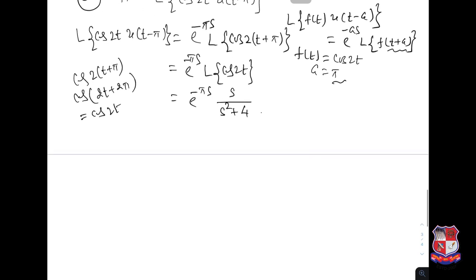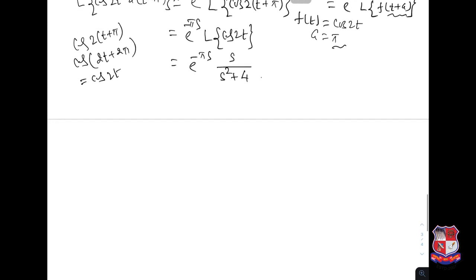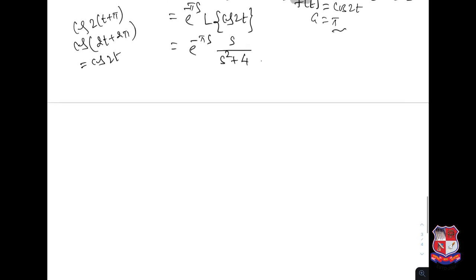Now let us take one more example. In this example we have to use first shifting theorem and second shifting theorem, both. Let us see. Find the Laplace transformation of e to the power minus t sin t u of t minus pi.